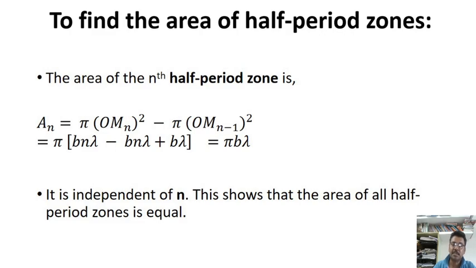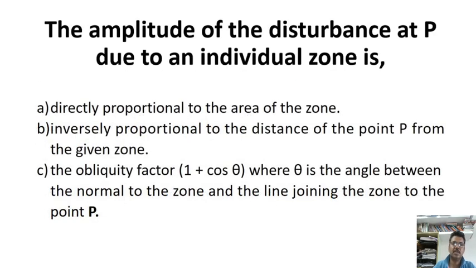Knowing this, you can write that the amplitude of the disturbance at P due to an individual zone is, first, directly proportional to the area of the zone.